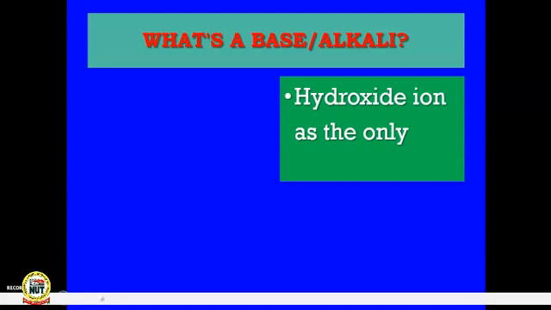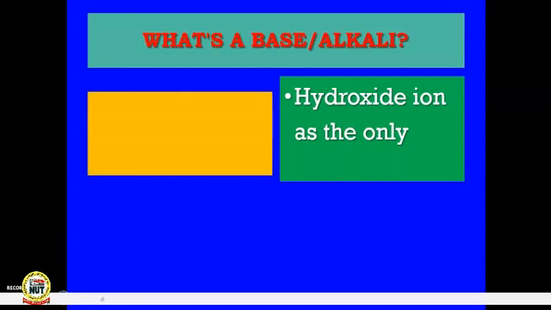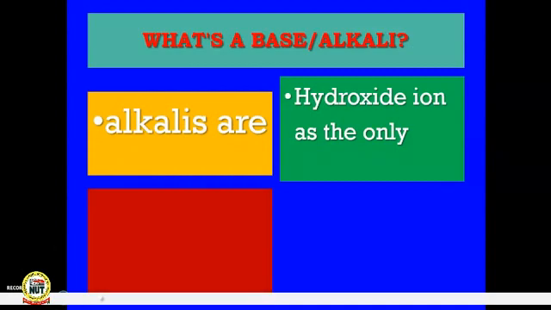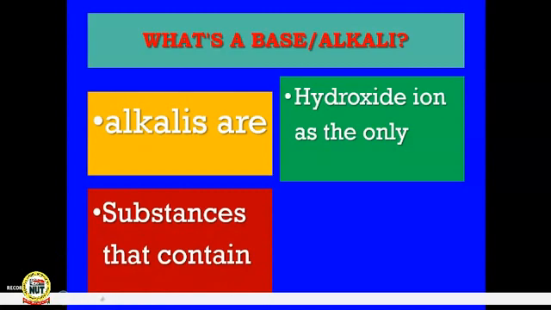Now, just like we defined acids, we're going to attempt to also define alkalis. Alkalis are substances as well. They are not ghosts. They are not things that you cannot see.